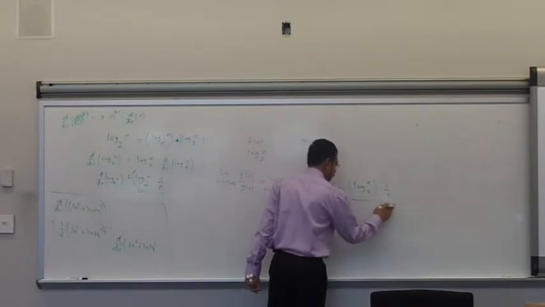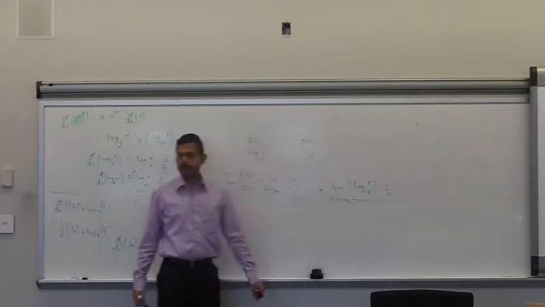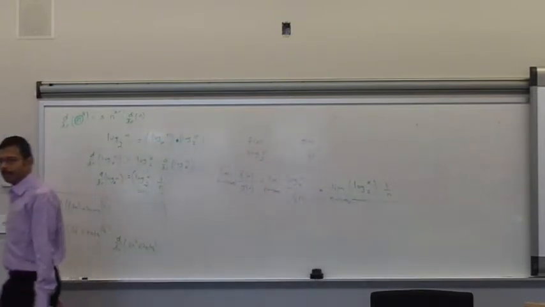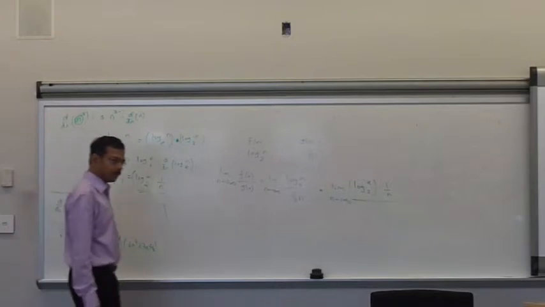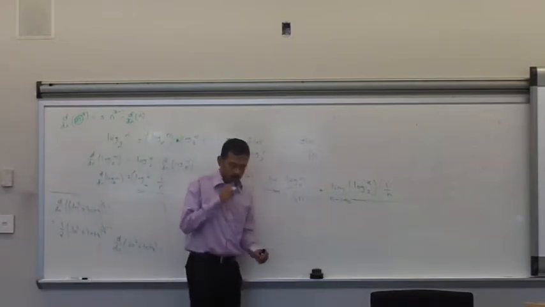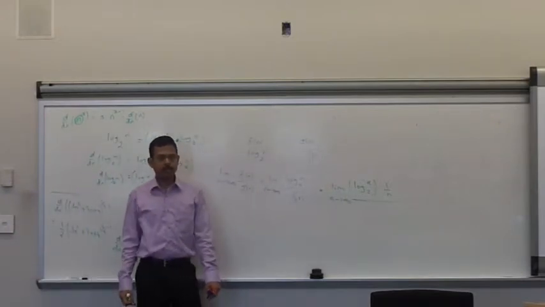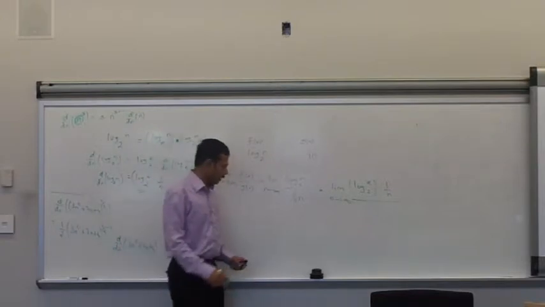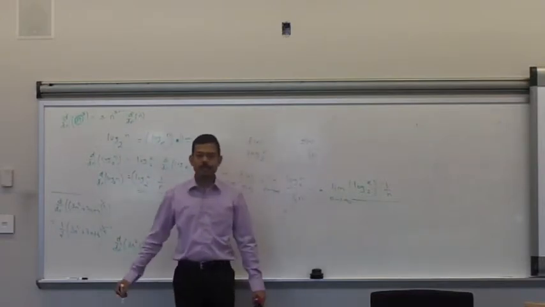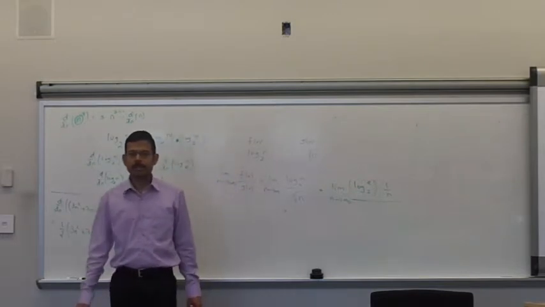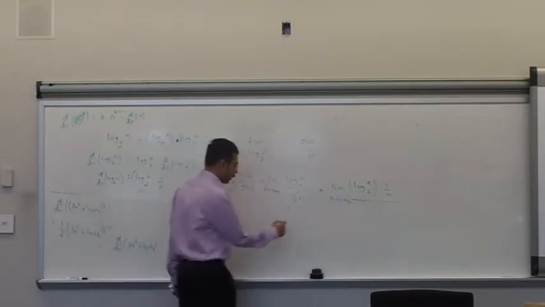Then what about the denominator? Remember, when you do L'Hopital's rule, you have to differentiate them separately. Numerator separately, denominator separately. So the denominator is square root of n. How do we differentiate that? Square root of n is n to the power half, right?